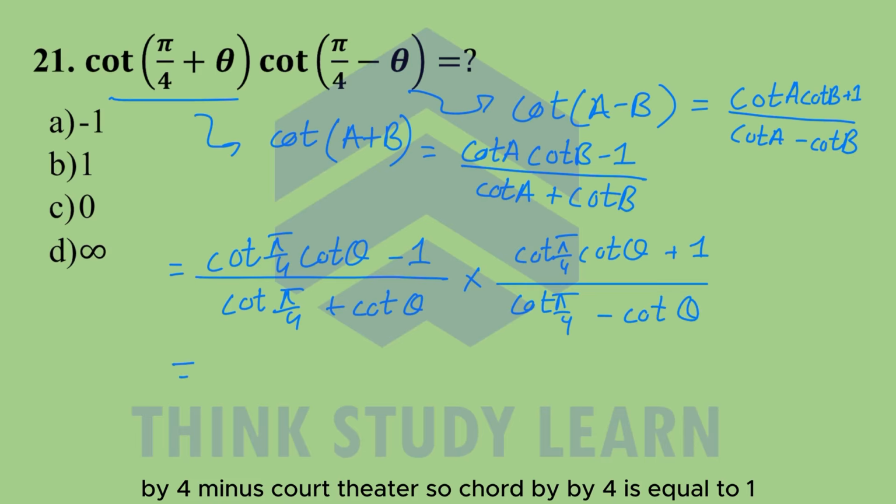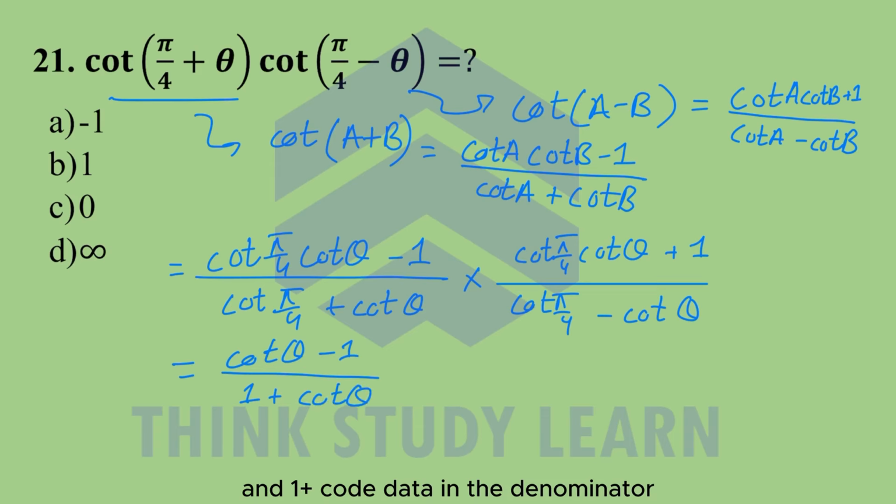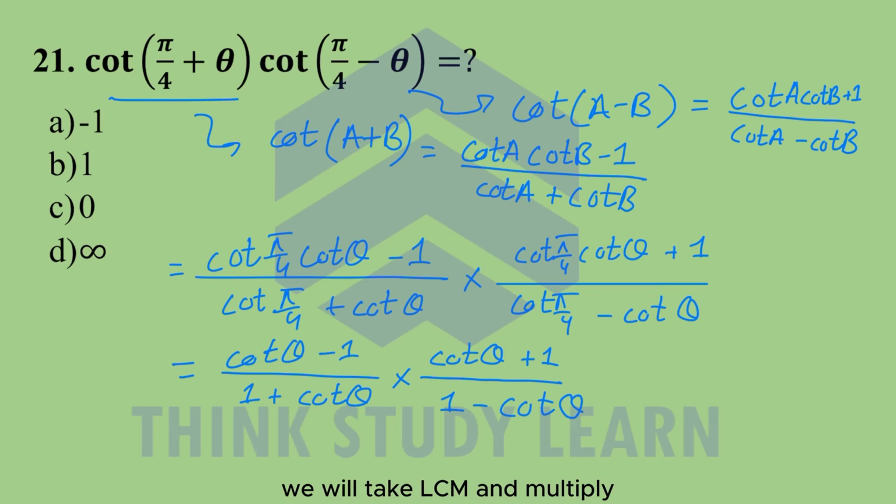So cot pi by 4 is equal to 1. So cot theta minus 1 in the numerator and 1 plus cot theta in the denominator. Similarly, cot theta plus 1 over 1 minus cot theta. When we will take LCM and multiply numerators, we will get the answer equal to 1. So the answer of this expression is equal to 1. B option is the right answer.